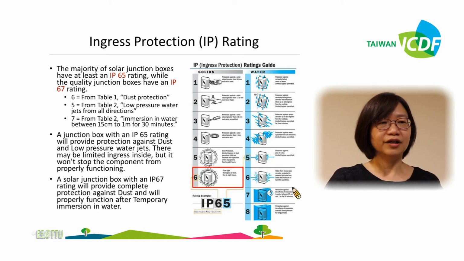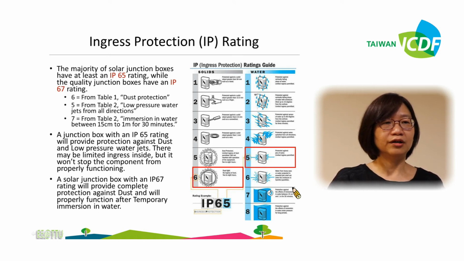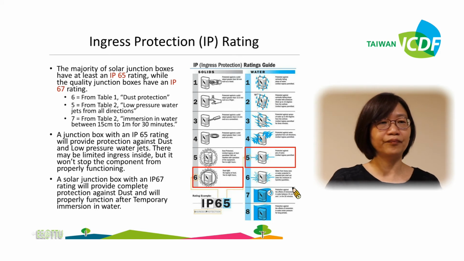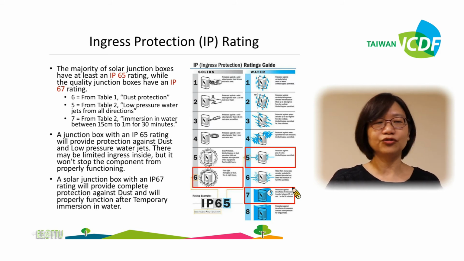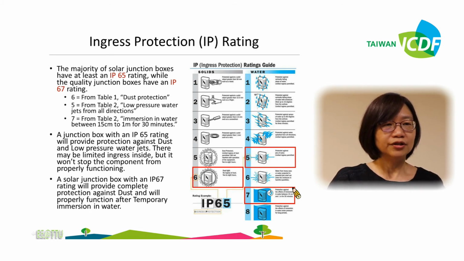And 5 from the table means that it can sustain low pressure water jets from all directions. If the grade is number 7, that means it can sustain immersion in water between 50 centimeters to 1 meter for 30 minutes.